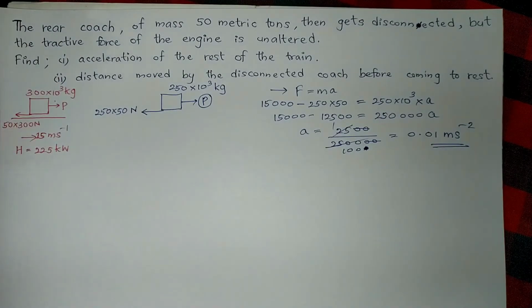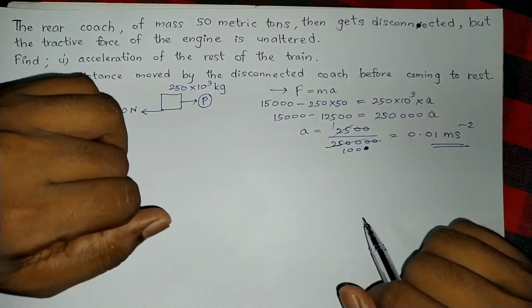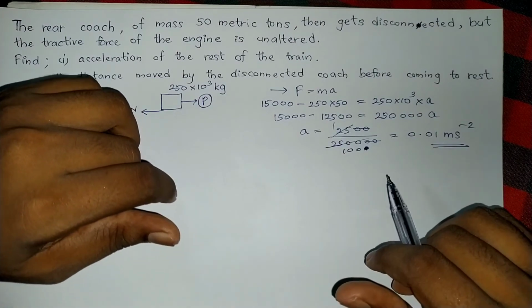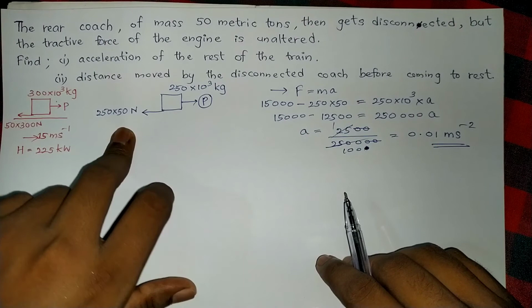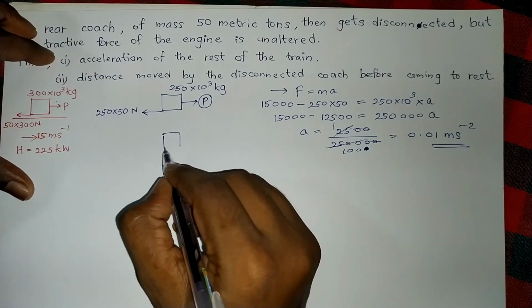Then Roman number 2, we have to calculate the distance moved by the disconnected coach before coming to rest. So there is a short method to get this answer. In the theory video I explained, when we do work we have to spend energy. Similarly, the rear coach is having a resistance. So this is the rear coach.